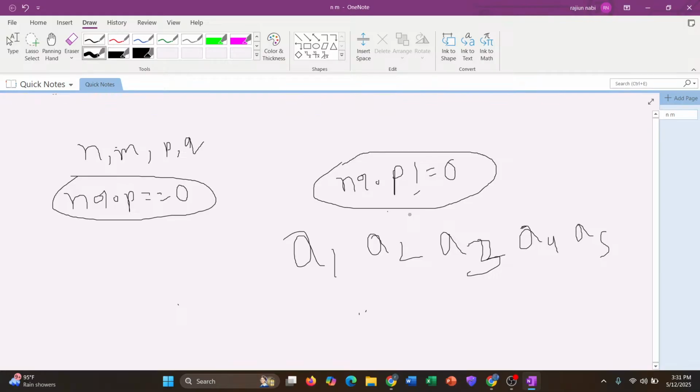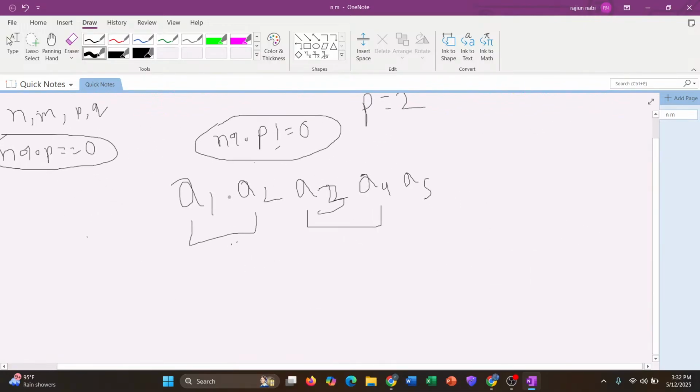Suppose the value of p is 3. So there are 5 elements in the array. If we divide into 3 chunks... no, wait. Suppose p is equal to 2. Then if we divide the array into 2 chunks, there is one extra element, that is a5.